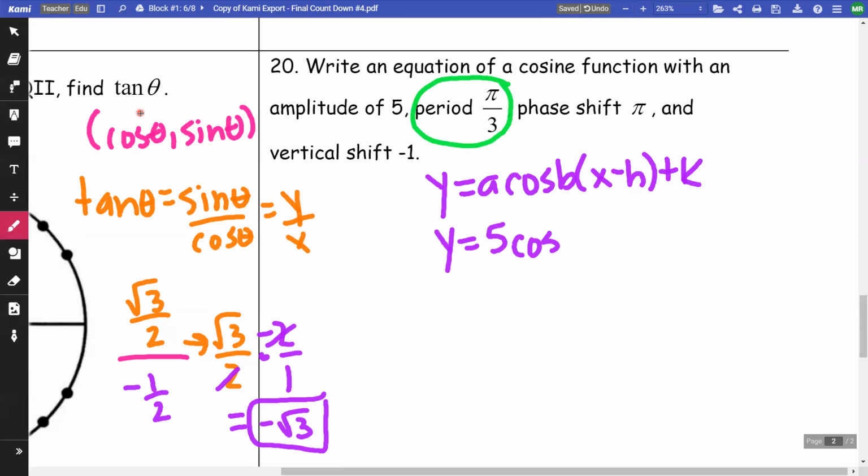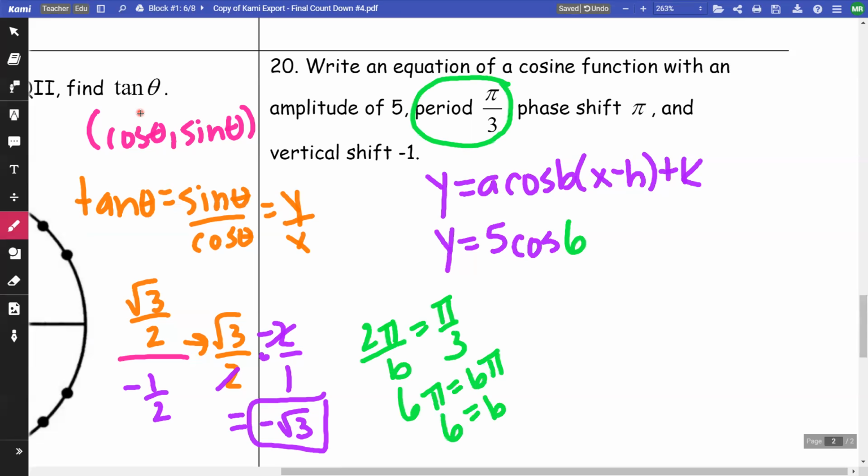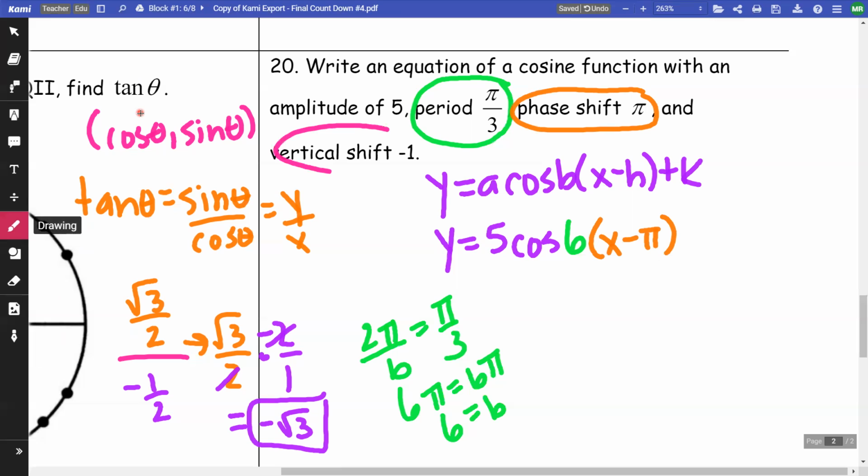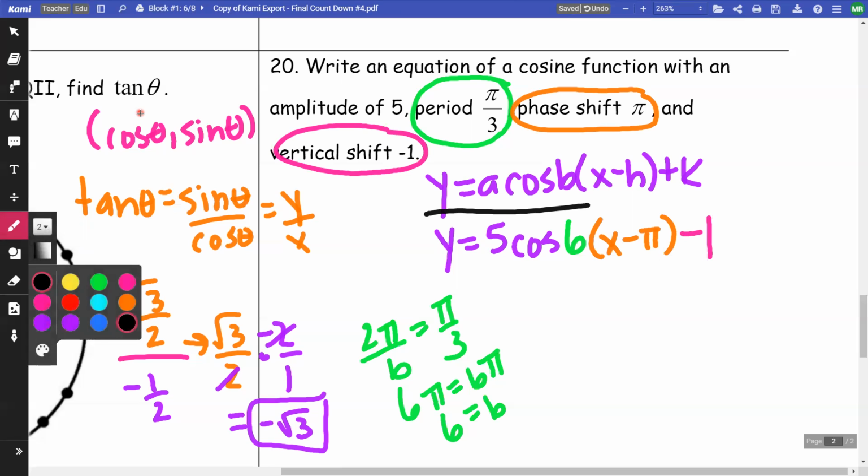So I'm going to take 2 pi over b is equal to pi/3, because that's the formula for period. I'm going to get 6 pi is equal to b pi. So b is going to be equal to 6. And then my phase shift is pi, so that's going to come from x minus pi. And then my vertical shift is a -1. And that is our equation.